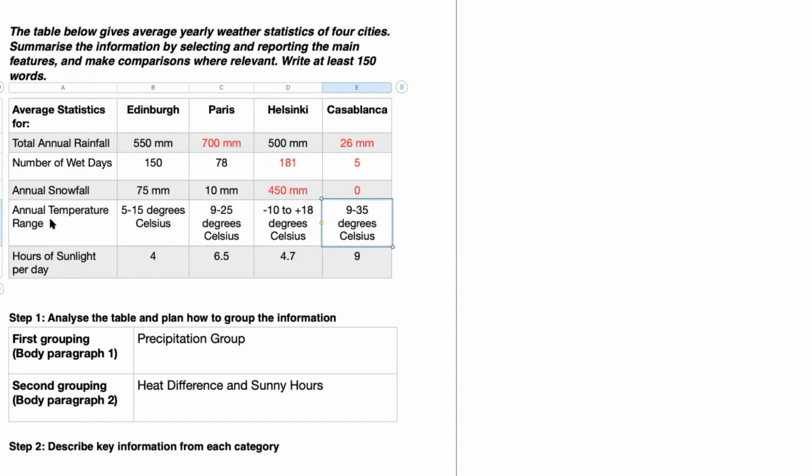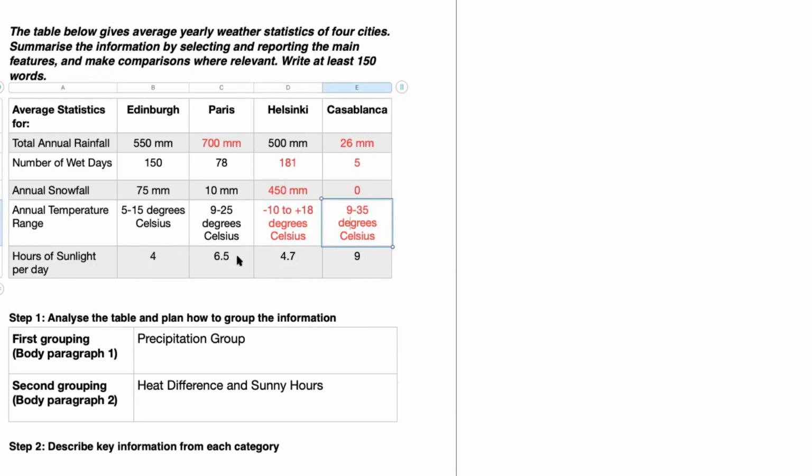Continuing on, if we look at the annual temperature range, the lowest, pay attention to this, is -10 to +18 degrees. So again, that's going to be Helsinki at, in this case, the lowest temperature, and the highest temperature is going to be Casablanca, just because it goes up into 35 degrees Celsius.